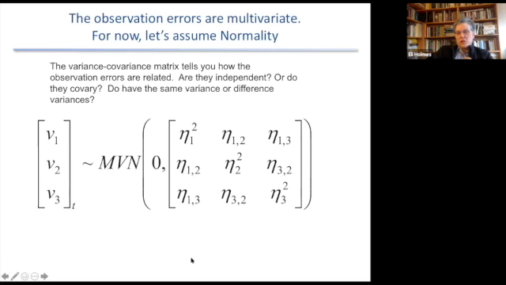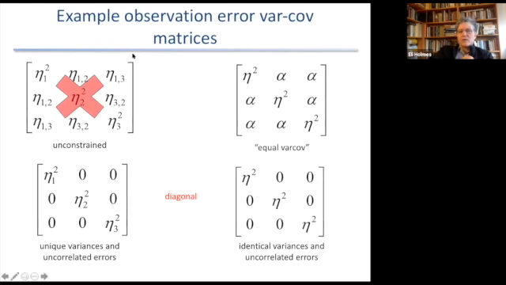So the question is, I'm going to have to say what is the structure of that matrix? I need to be explicit about that. So let's start here with this one down in the corner. If I say that error matrix has that structure, what am I saying?